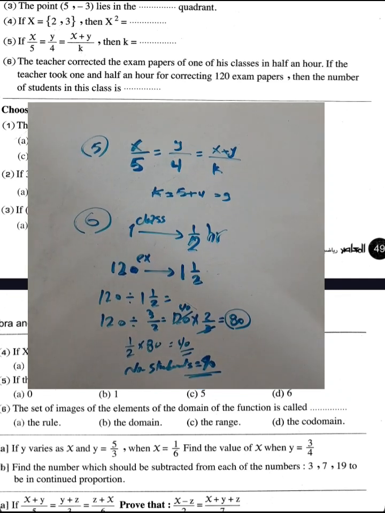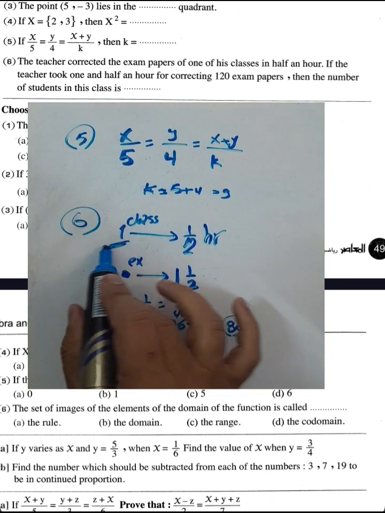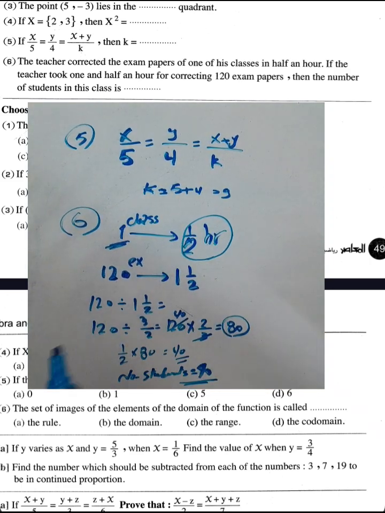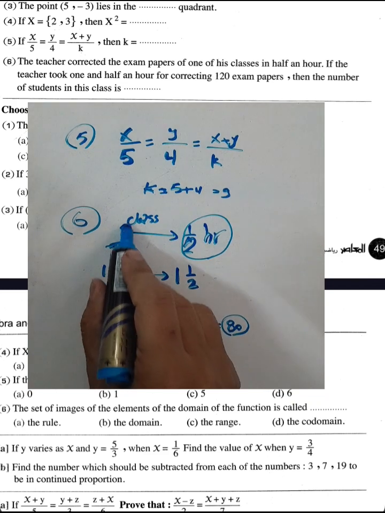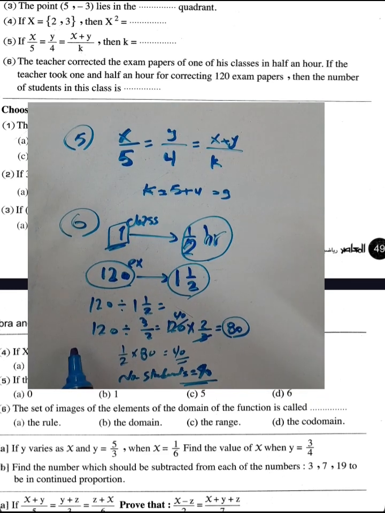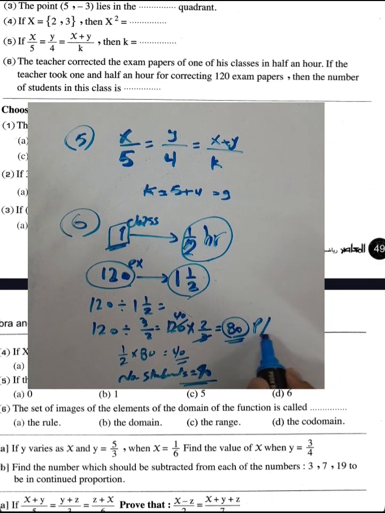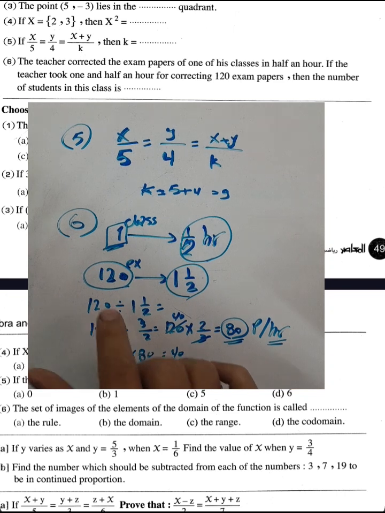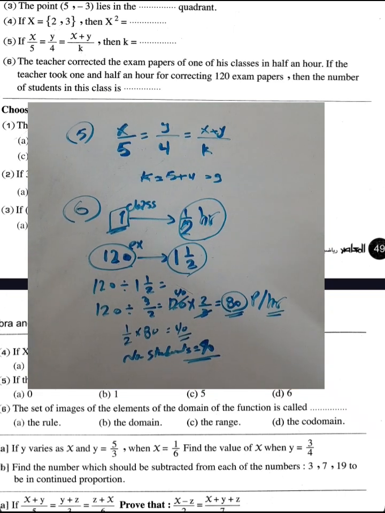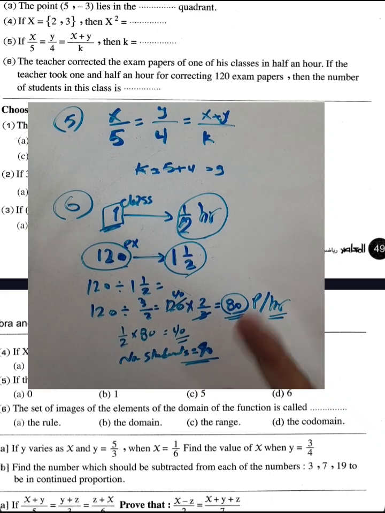Understood? Again, the teacher corrects one class in half an hour. If he corrects 120 exam papers in 1.5 hours, then he will correct 80 papers in 1 hour, which is 120 divided by 3 over 2.